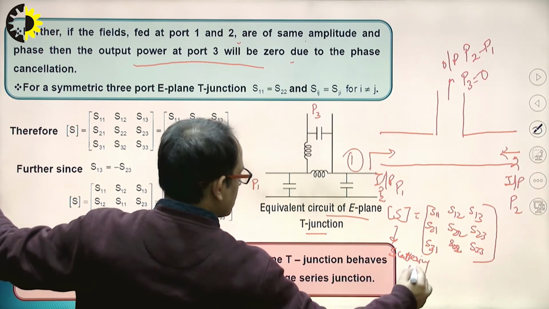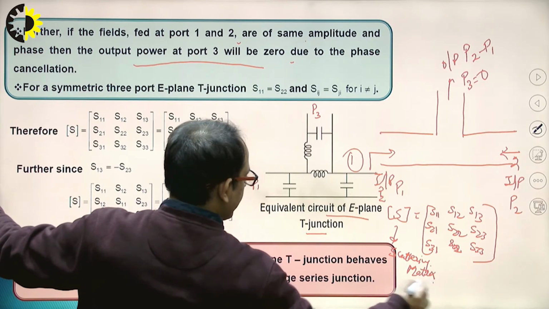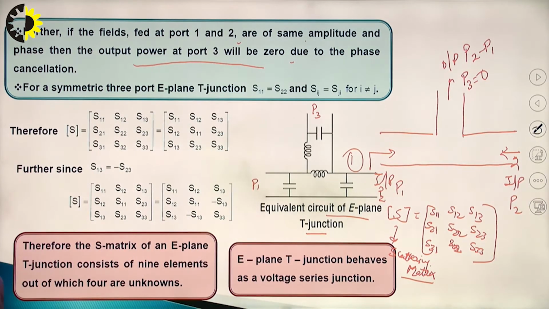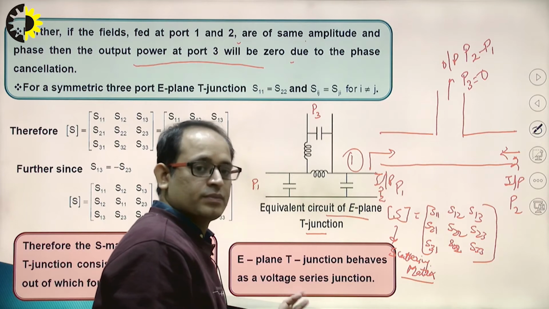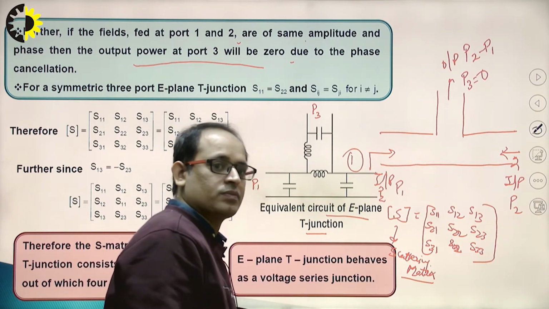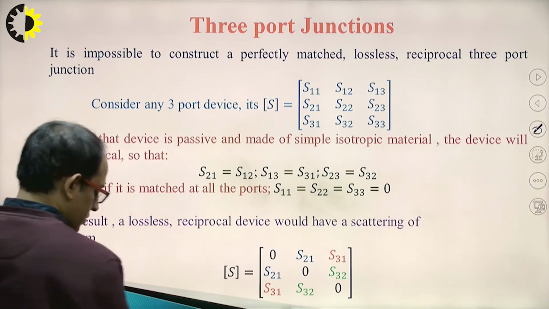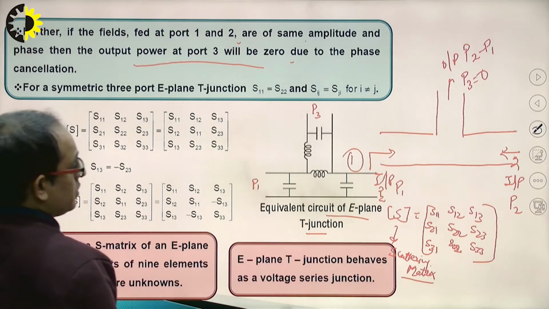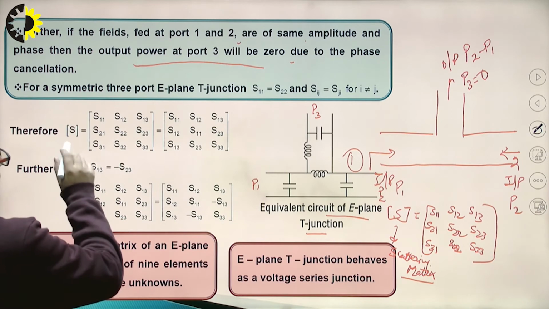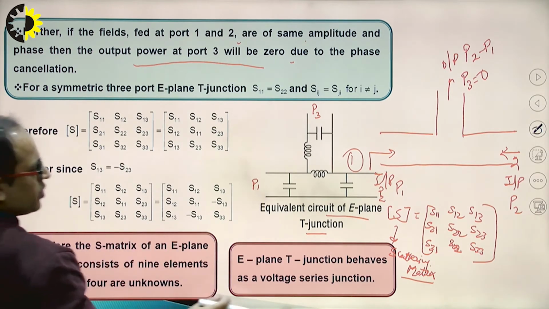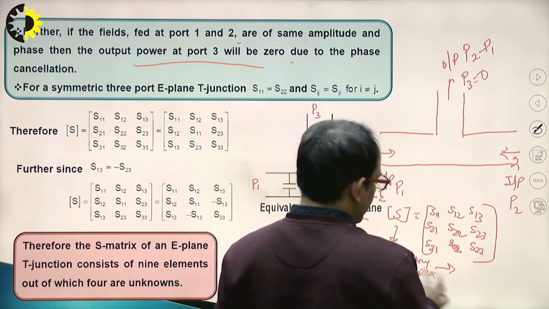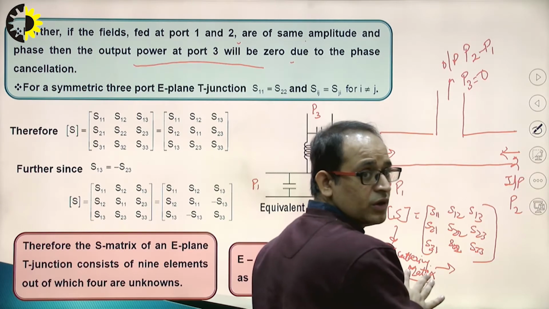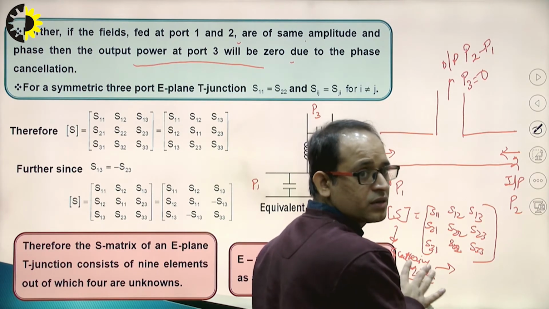And why are we using this scattering matrix? We already told you that S matrix is used at microwave frequency. I cannot use the ABCD parameters for microwave frequencies. Clear? Now see, this S matrix has some properties. Scattering matrix defines the voltage and the power at the output.